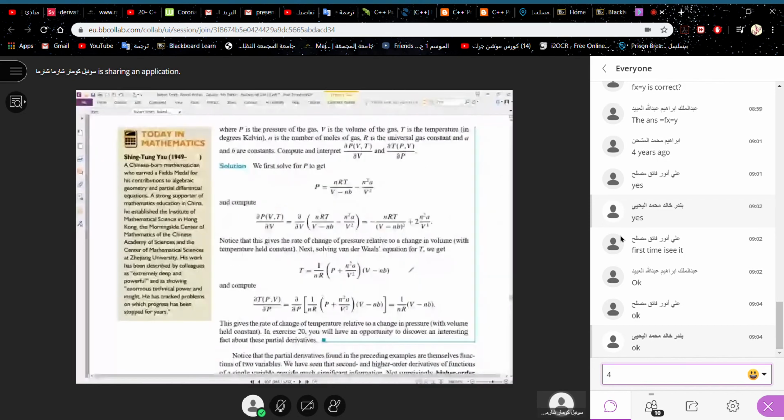Where P is the pressure, V is the volume, T is the temperature in Kelvin, n is the number of moles of gas, R is the gas constant, and a and b are constants. We need to compute and interpret all these.